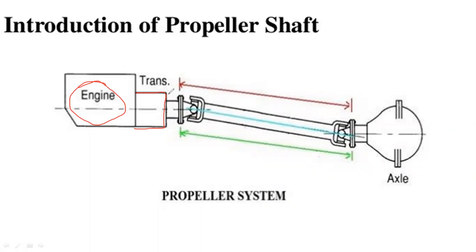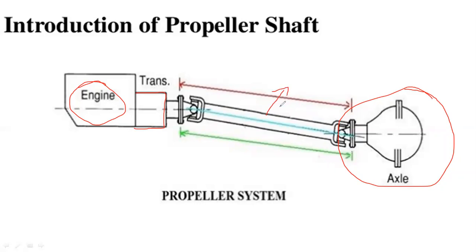The torque is transmitted through the propeller shaft to the rear axle drive. In this axle drive, how do we get the power from the engine? By using this propeller shaft.